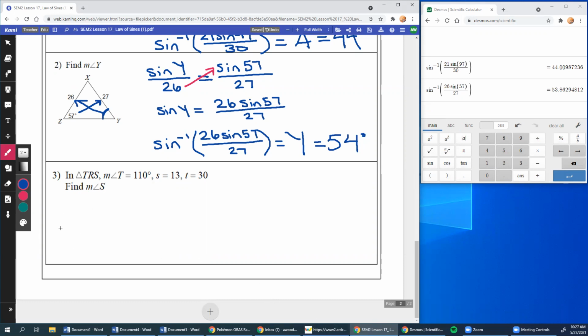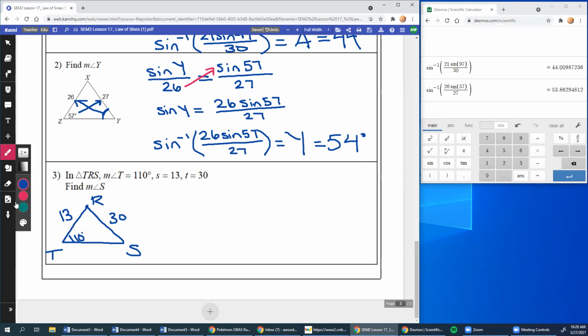All right, our final example, another one where they do not give you the triangle, so we have to draw it ourselves. Remember, when we draw these triangles, I'm not drawing them to scale, I'm just using them as a reference. So angle P is 110 degrees. Little s is 13, little t is 30.